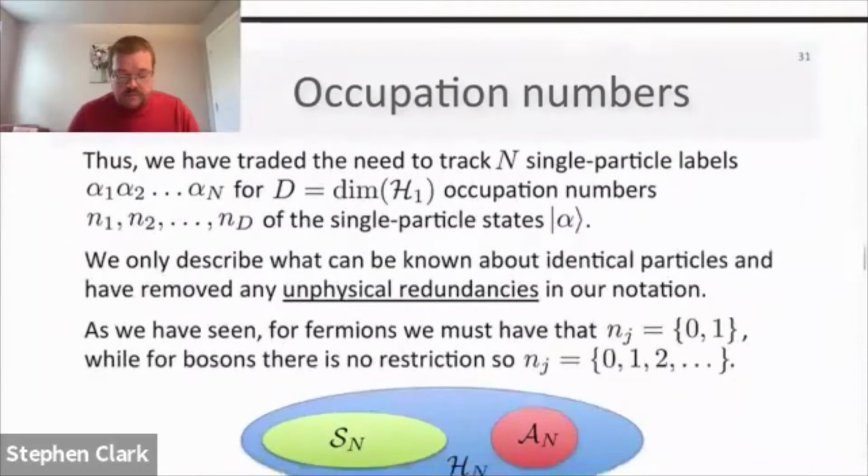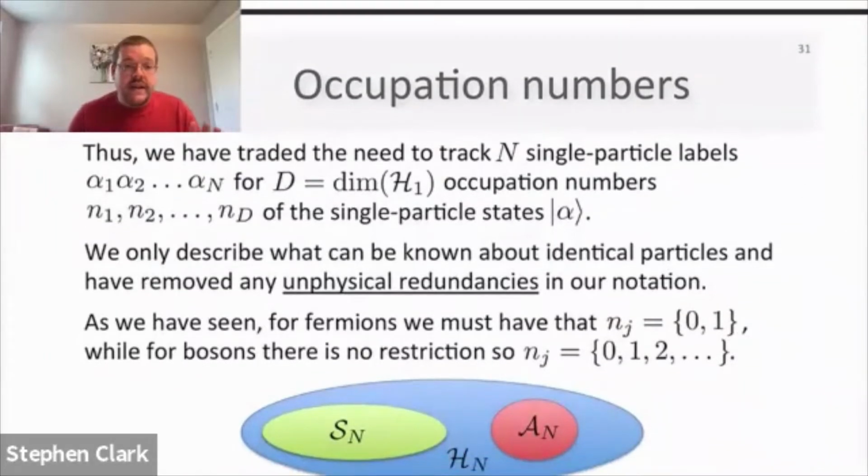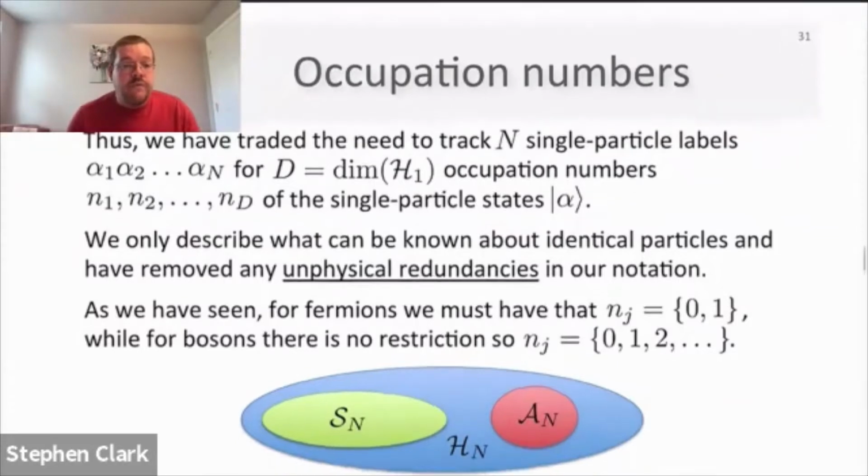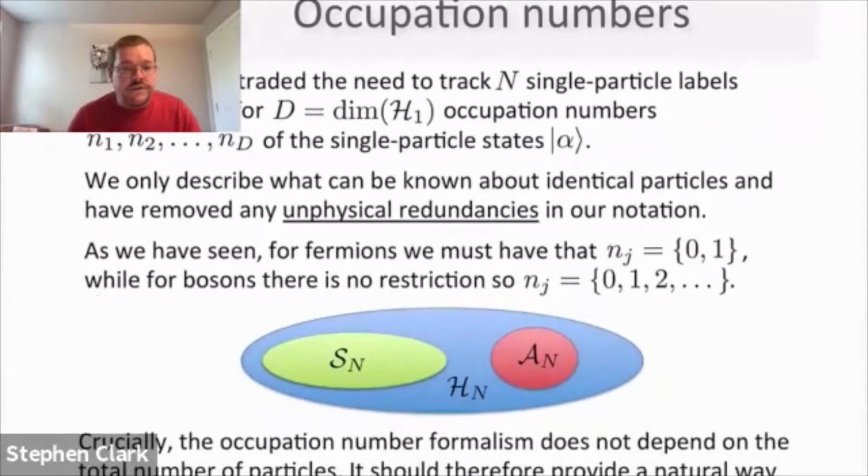So we've traded the need to track n single particle labels for D occupation numbers, where D is the dimension of the single particle Hilbert space, which could be infinite still. And we only describe what can be known, and we've removed unphysical redundancies.